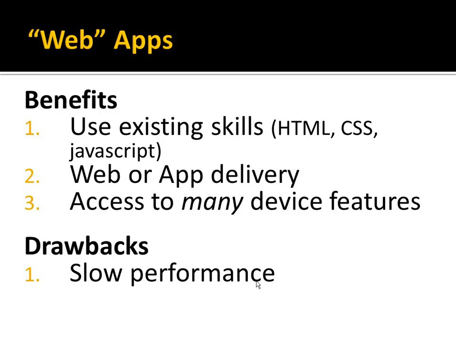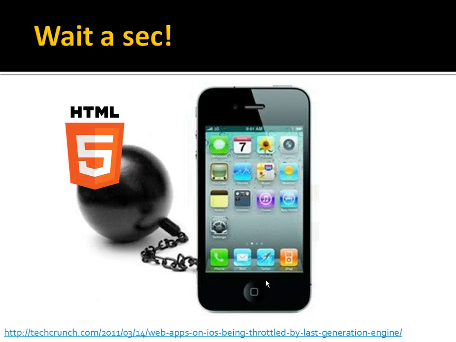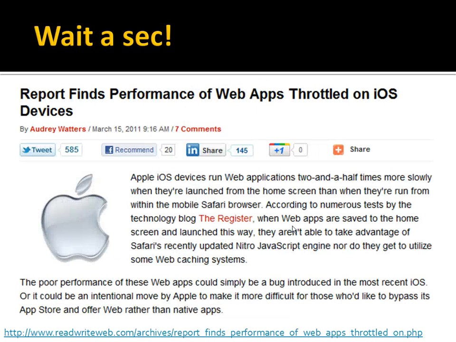Now, the problem with web apps has typically been slow performance, and that is kind of a major thing right now. There was even some documentation that showed that iOS applications that were web-based, HTML5 applications, and that were put on the phones were actually being throttled, meaning that they were not running as fast as applications through a website, which is kind of interesting.